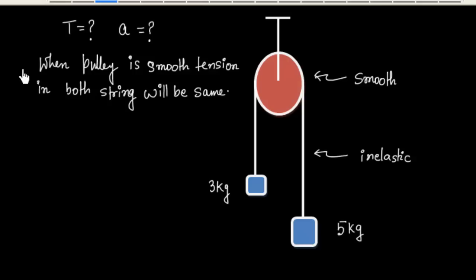Now another important point: since the string is inelastic, it cannot expand or be stretched. So this means if this mass goes down by some length x, this mass also has to go up by length x because the string is inelastic.